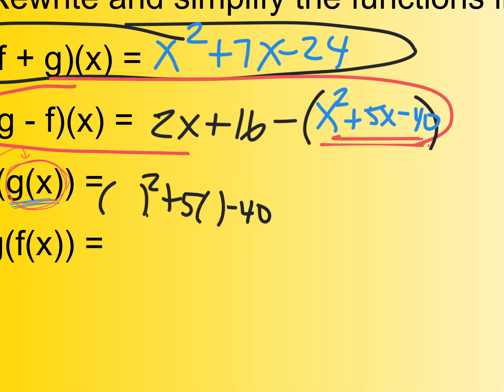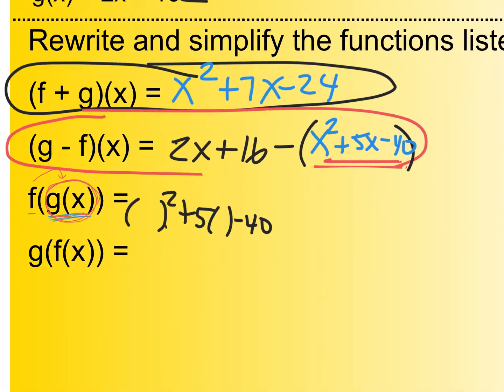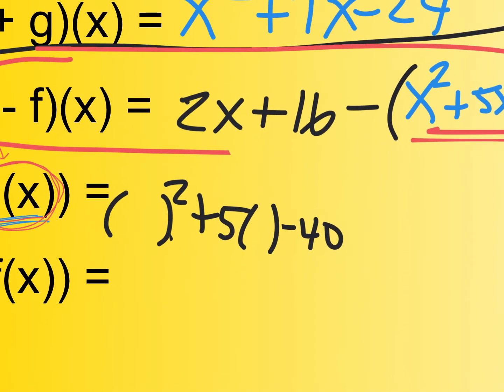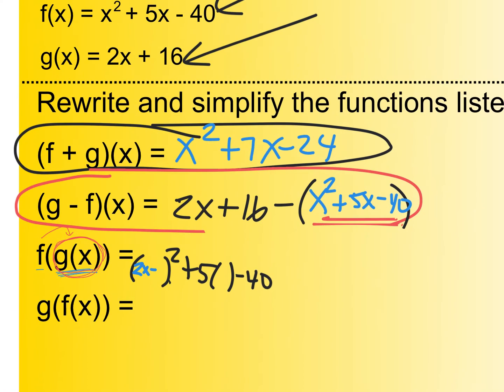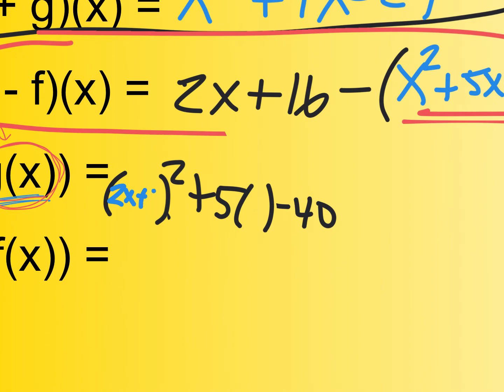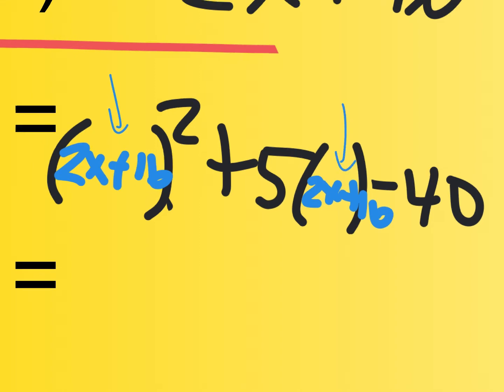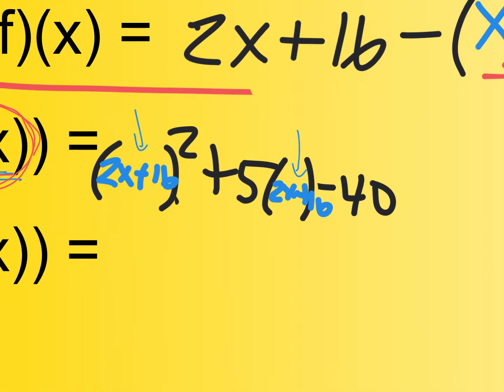And what does he eat? He eats the G fish. And the G fish is right there, 2x plus 16. So now we can see that 2x plus 16 is inside. 2x plus 16 is the thing that got eaten. The F fish ate the G fish.